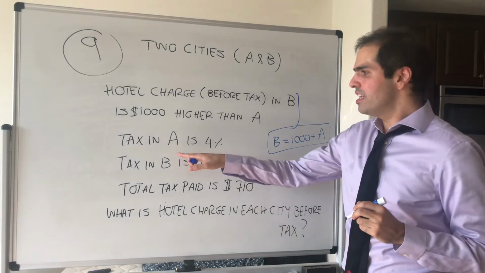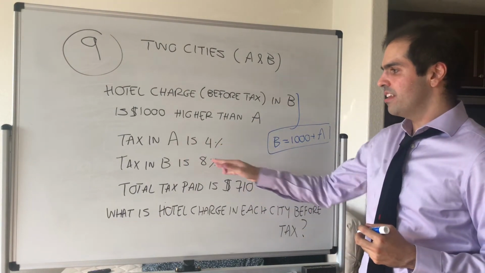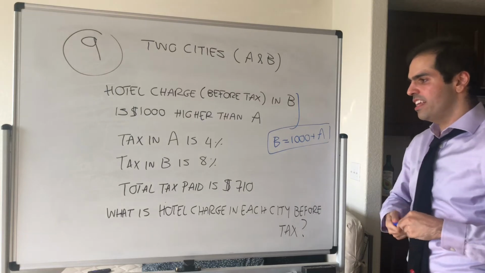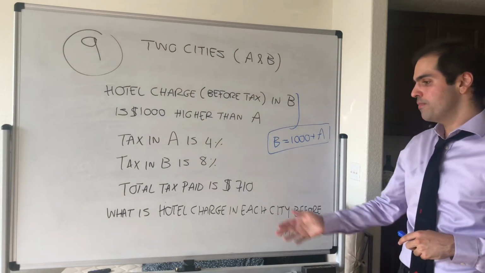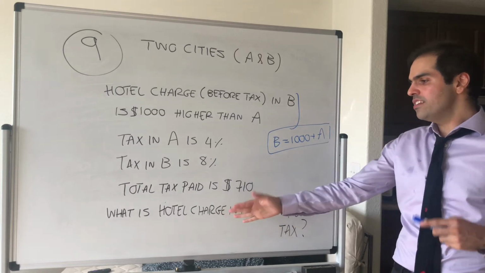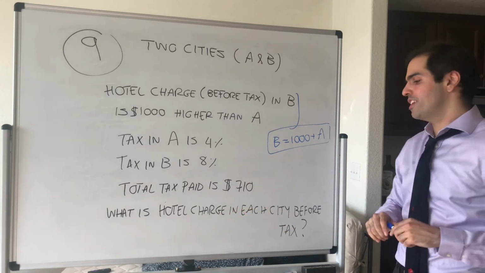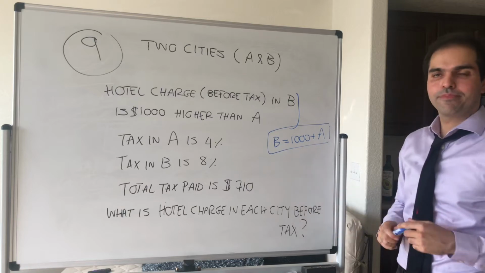Then, we know the tax in A is 4%, the tax in B is 8%, and the total tax paid is $710. And the question is, what is the hotel charge before tax in each city? Okay.